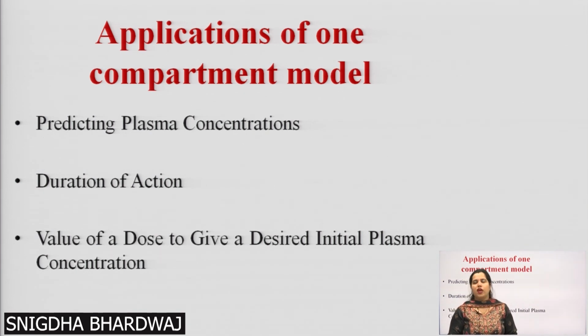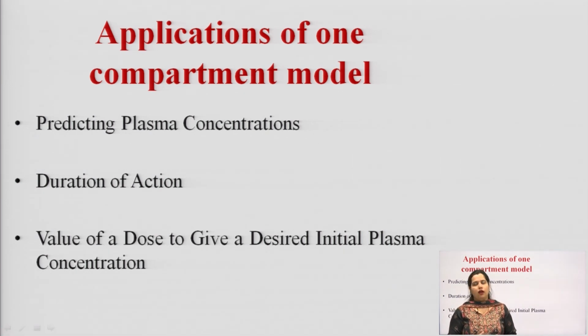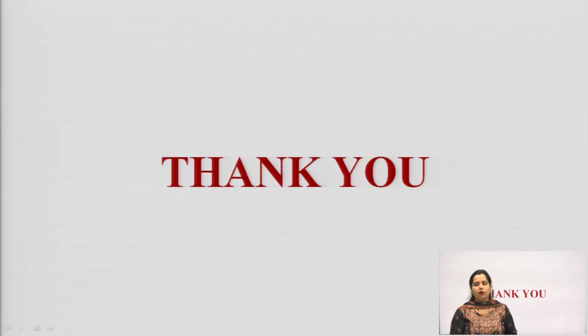This is very important to identify area under the curve, duration of drug action, and the dose required to give to a patient at a particular interval. So, I hope you understand all the concepts of the one compartment open model for IV bolus administration. In the next slide, we will be continuing with the IV infusion administration.